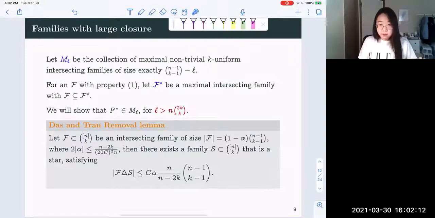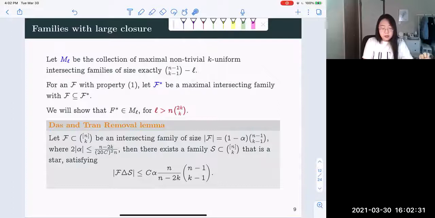So essentially what this says is that even if an intersecting family has large closure, it is sufficiently far from being extremal. And this is where we're going to use the removal lemma.